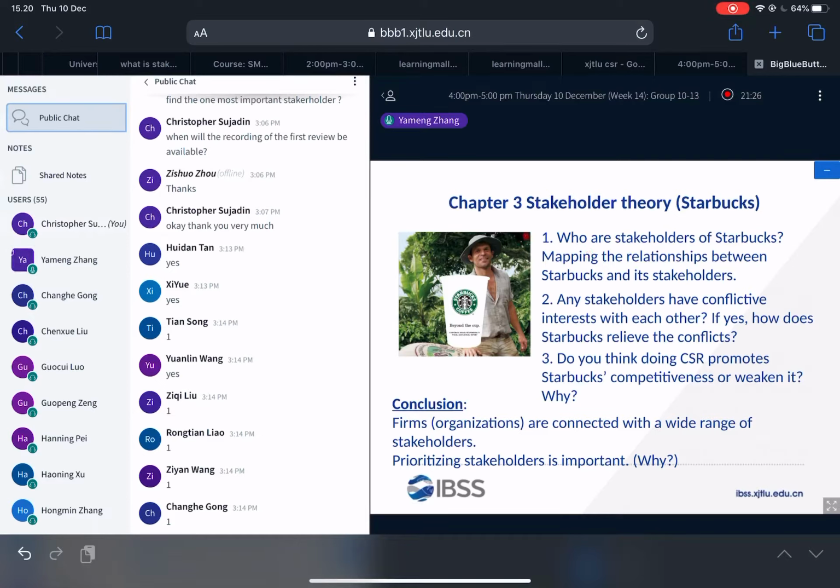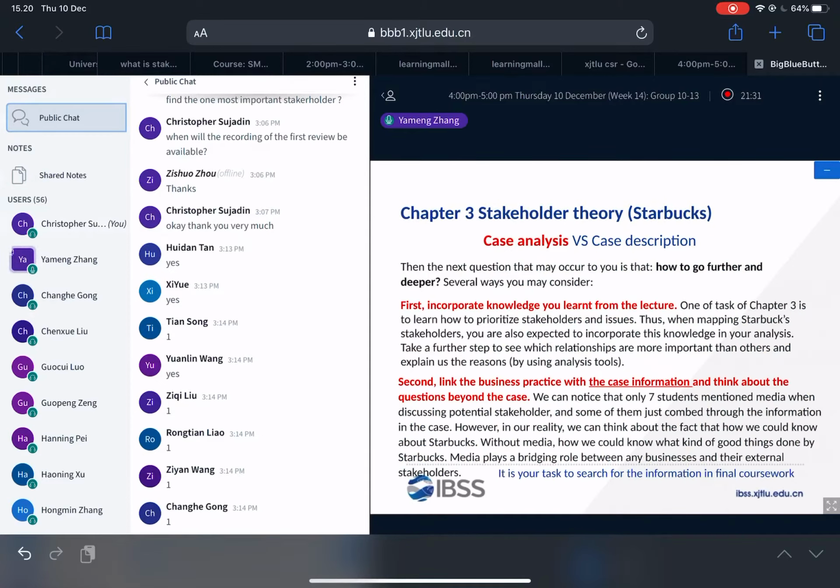Okay, provide your understanding. How do you understand stakeholder theory and how to use stakeholder theory to find the most important stakeholders of IPSS? Okay, that is the way to answer the question.